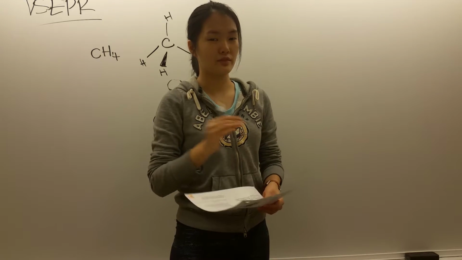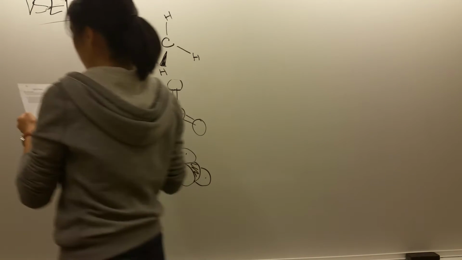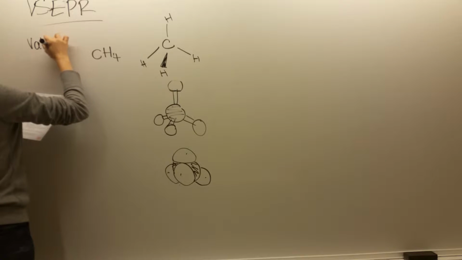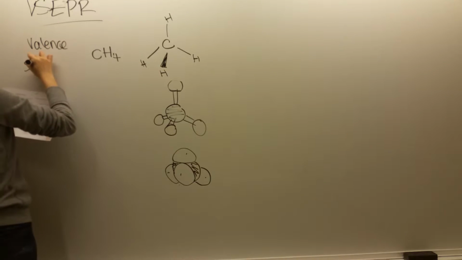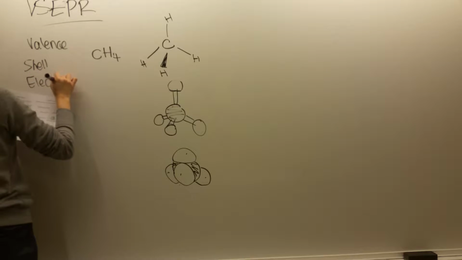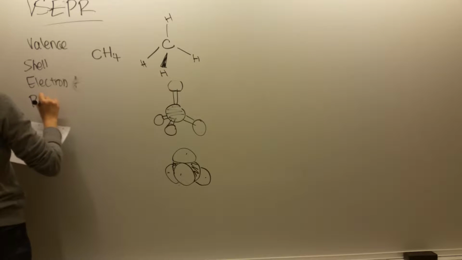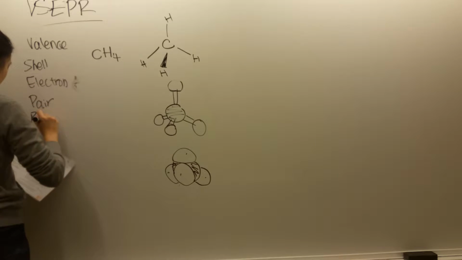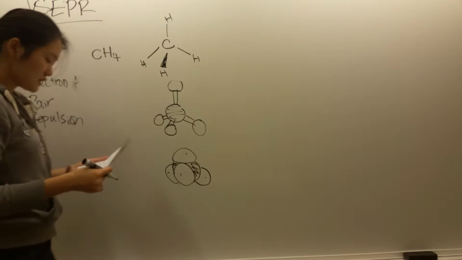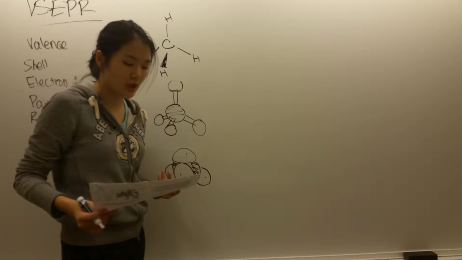So VSEPR stands for valence shell electron pair repulsion, and it simply is a model for predicting your molecular geometry.